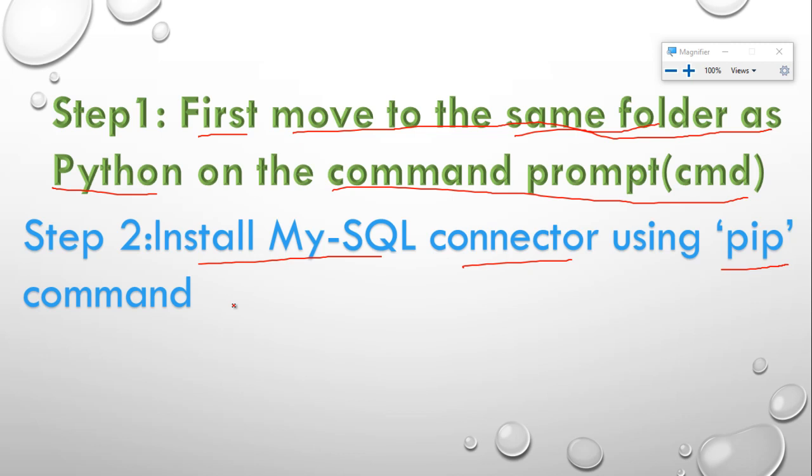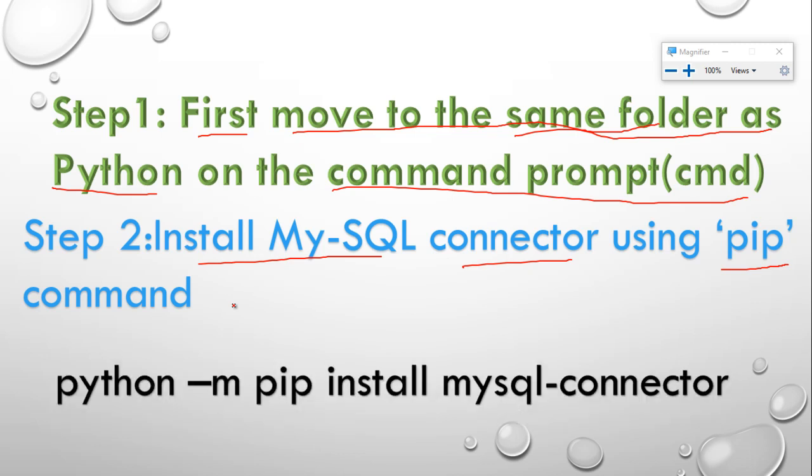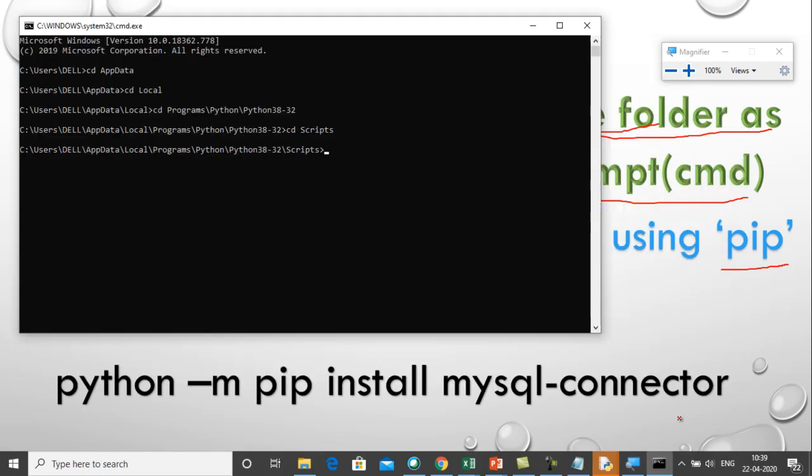And how will you install this MySQL connector? You will write this command, that is Python -m pip install mysql-connector. You have to enter this command in the CMD prompt. So this is the CMD.